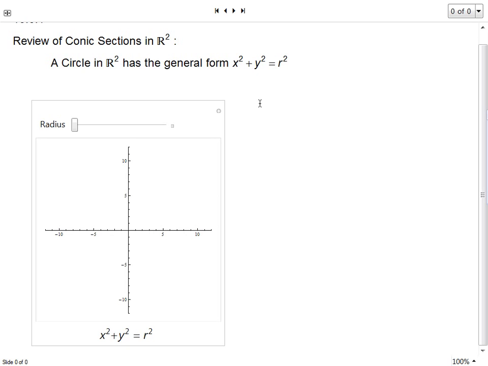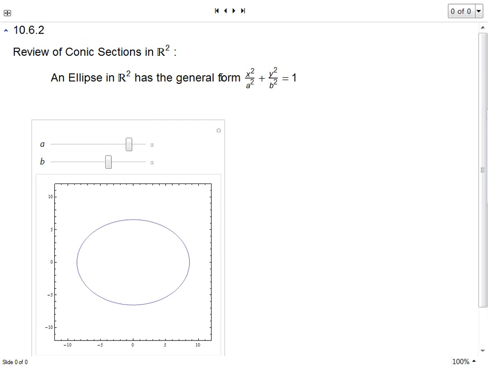Remember, in two-dimensional space, the general formula for a circle centered at the origin is x squared plus y squared equals r squared. And you vary the radius. Next, an ellipse is very similar to a circle as far as the equation. x squared plus y squared, with the exception that each one of those is divided by some constant, a squared and b squared.